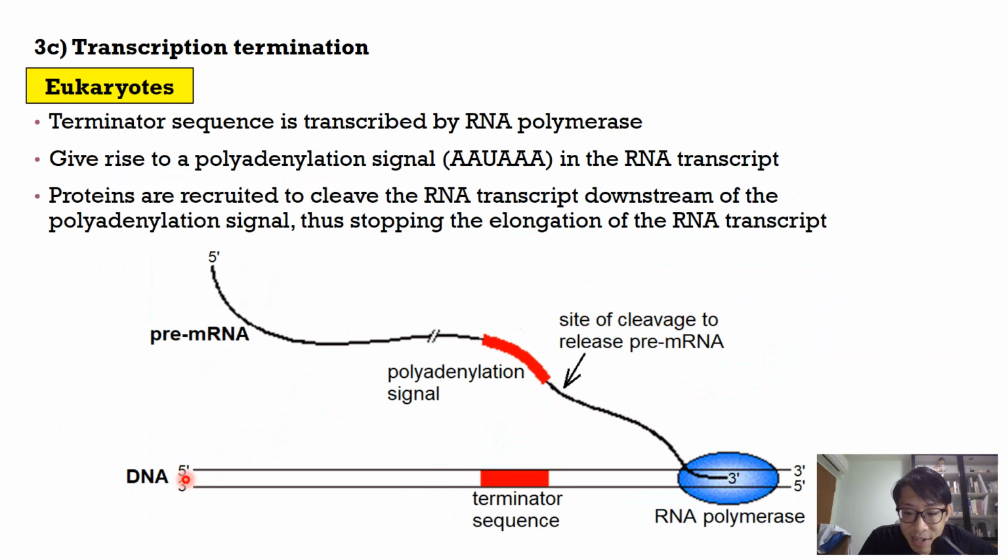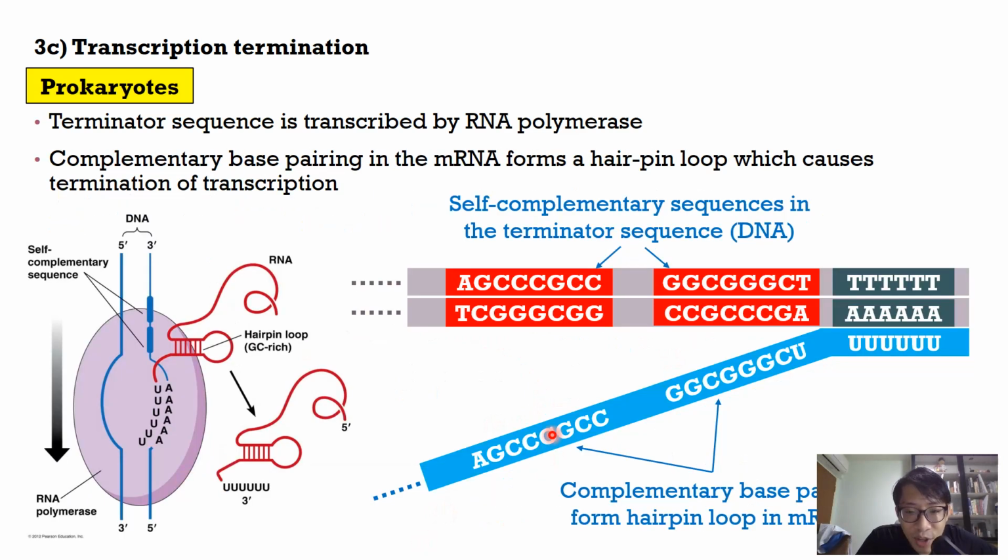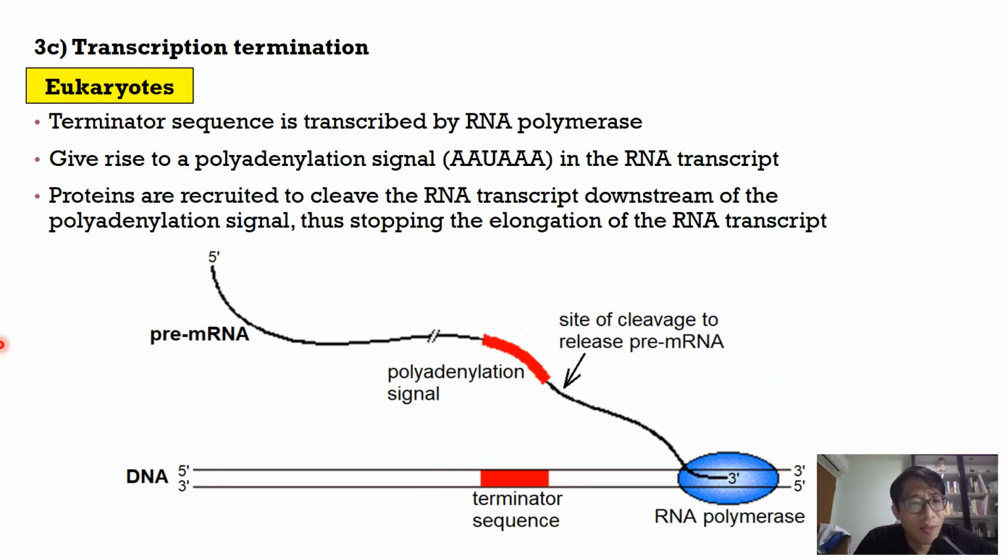So you can imagine the mRNA now kind of folds. This C can bind to G, this C can bind to G, this G will bind to the C, and so on. So it forms the hairpin loop, which dissociates the RNA polymerase, and therefore stops further progress of transcription, that terminates transcription.